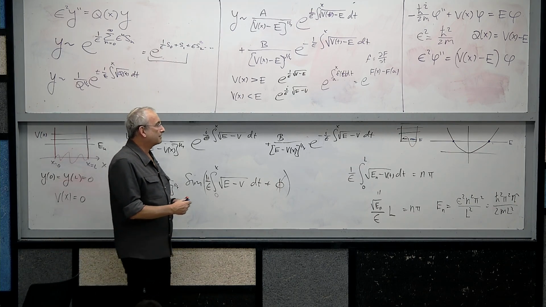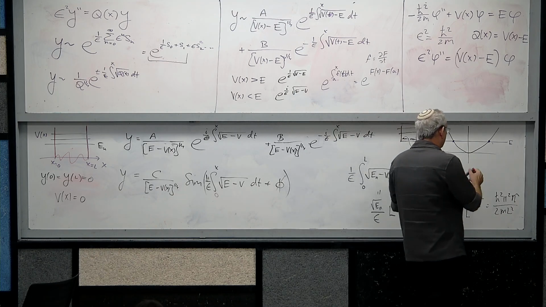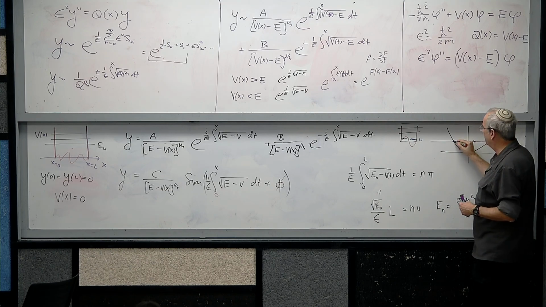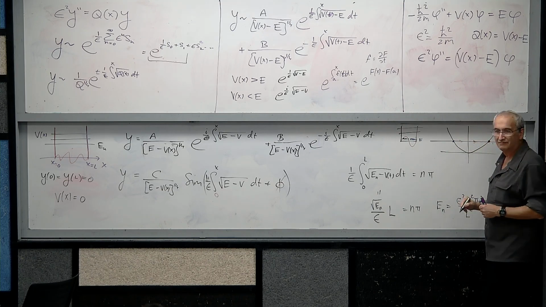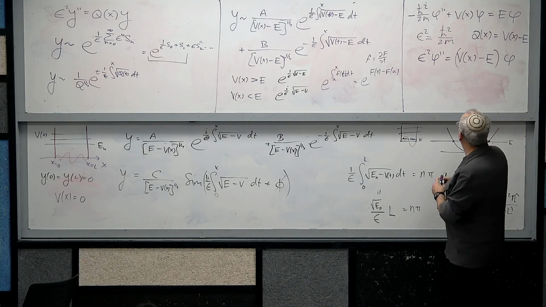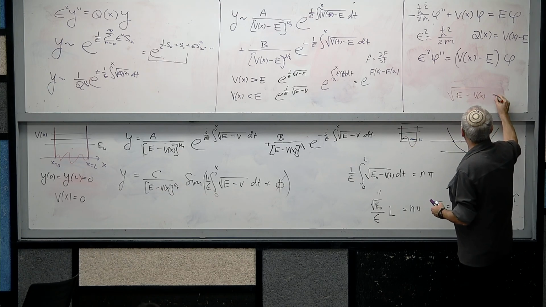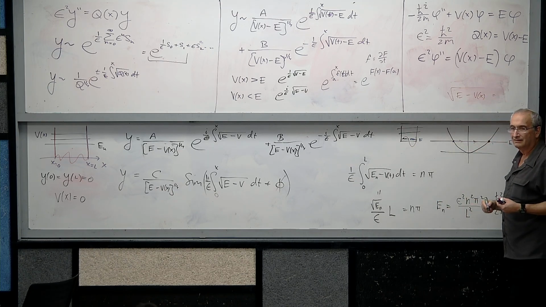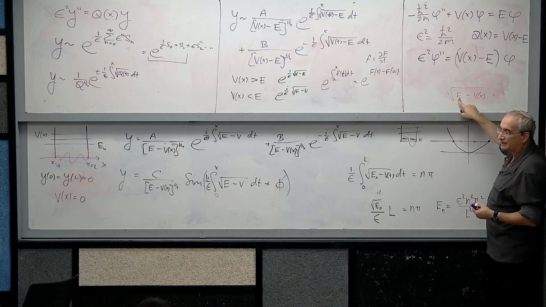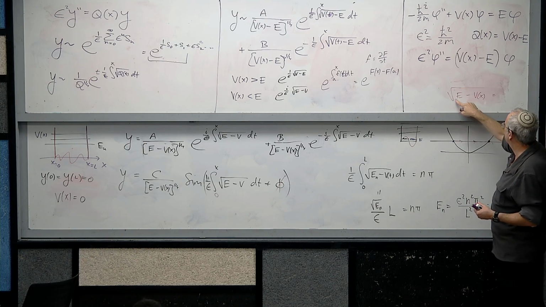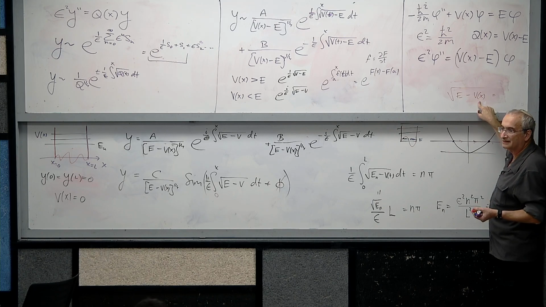Why? Because classically, you know that if you have a classical particle with this energy, it will go, reach this point, and go back to here, and go back to here. These are the points. This is the square root of E minus V of x. What is that? This is the total energy, this is the potential energy, so what is in the square root is the kinetic energy.